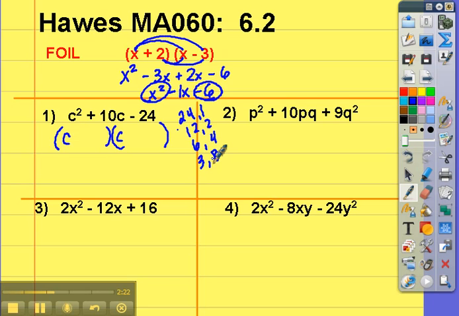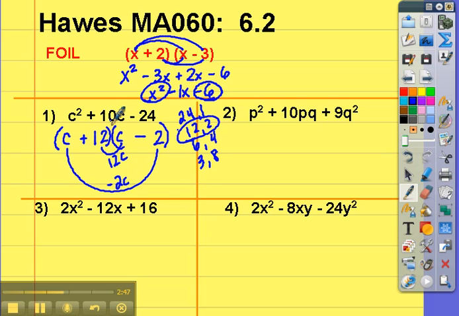So 12 and 2 would work nicely. Since I want my 10 to be positive, I'll make that a plus 12 and a minus 2. That gets me my negative 24, and on my outer I get a negative 2c, my inner is a positive 12c, and those combine to a positive 10c. So I've got it right there.